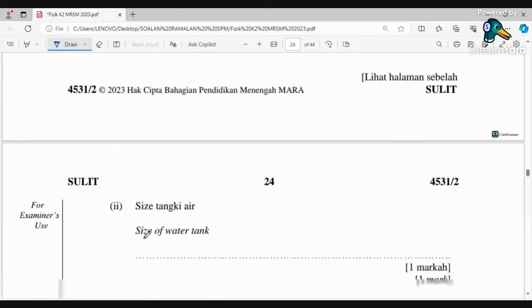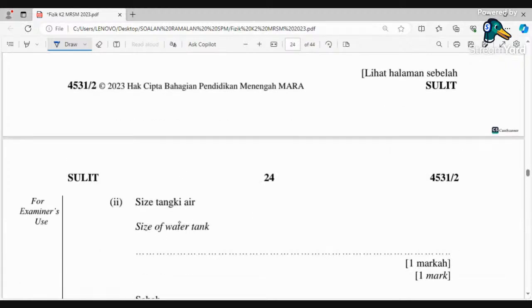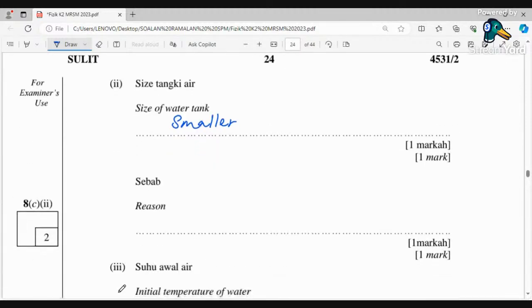Okay, dia punya size of water tank smaller. Upper reason, smaller volume maksudnya P dengan V. Okay, smaller volume, high pressure.